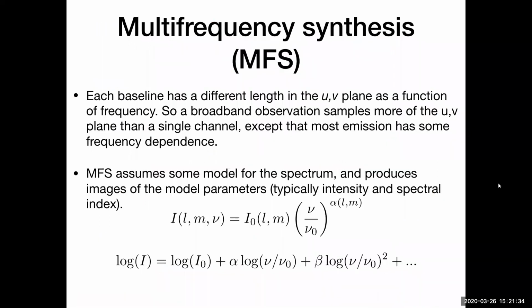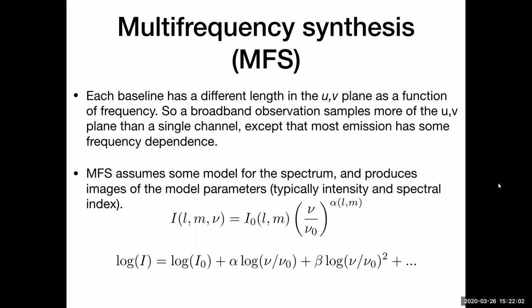So a variation on regular imaging that I wanted to mention is multi-frequency synthesis, which is an improved technique. The idea behind this is that for every baseline, if you are making measurements over some reasonably broad bandwidth with many channels, every channel, every frequency ends up having a slightly different length in the UV plane.